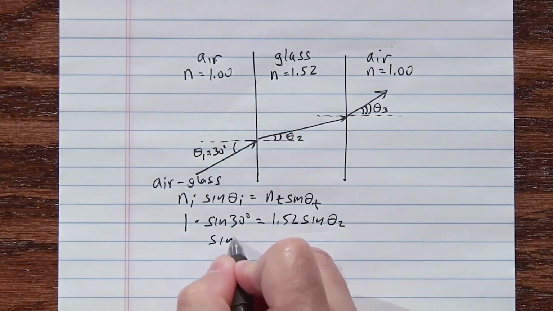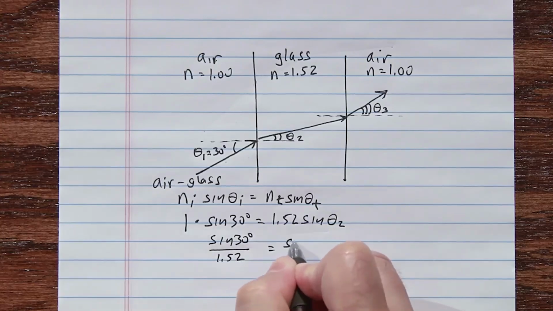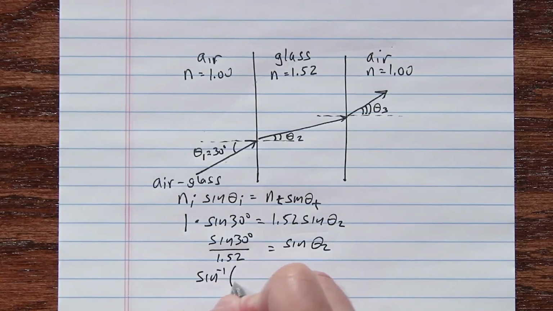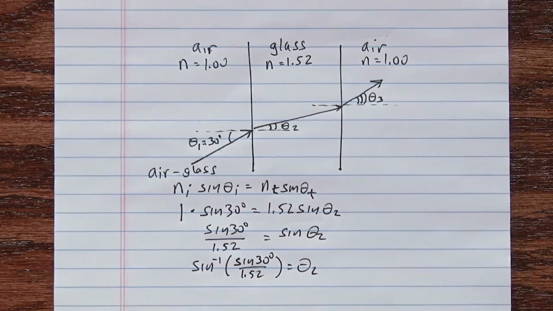So the sine of 30 degrees divided by 1.52 is equal to the sine of theta 2, or the inverse sine of the sine of 30 degrees divided by 1.52 is equal to theta 2.